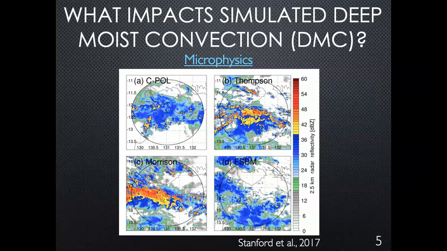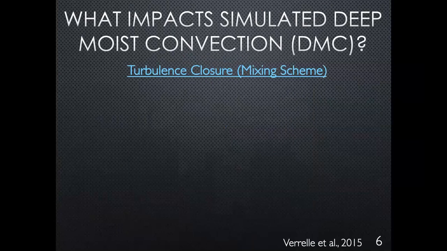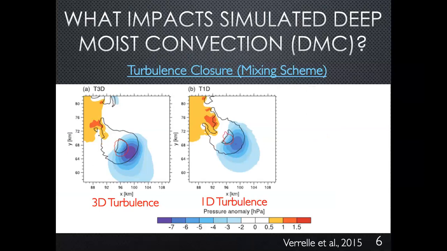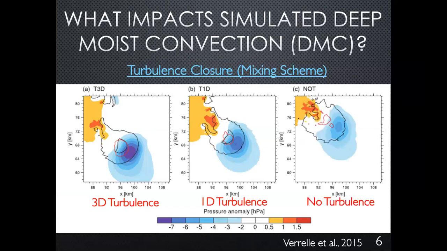In addition to microphysics schemes, the turbulence closure, or the mixing scheme, has been shown to impact convection. I'll demonstrate this by a paper by Varela et al. in 2015, showing here the 5-kilometer pressure anomaly in an idealized supercell simulation using 3D turbulence, there on the left, reducing the dimensionality to be one-dimensional, basically using vertical turbulence only and assuming no mixing in the horizontal, or by excluding explicit mixing at all.